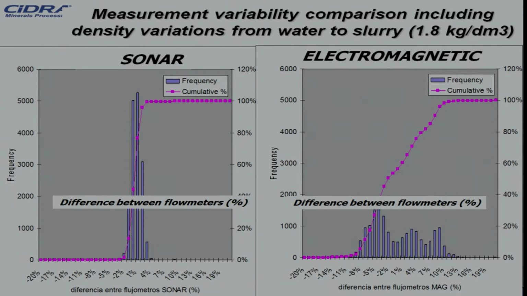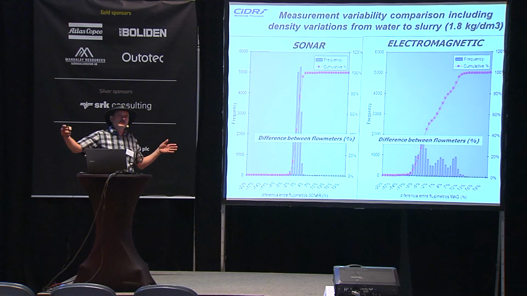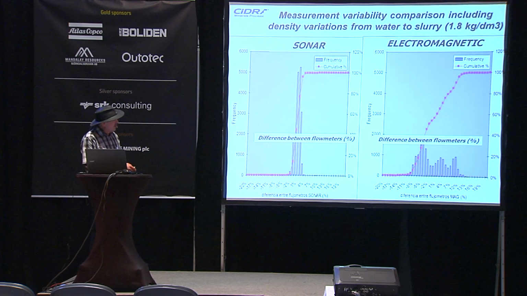And of course, the basic performance. Here we see the comparison between Sonartracs and magnetic flow meters in the same pipeline, at the start and the end of the line. Two similar meters, and the difference between the readings of the meters is shown here. So the sharper the distribution is, the better is your production rate control and the more accurate is your mass balance.